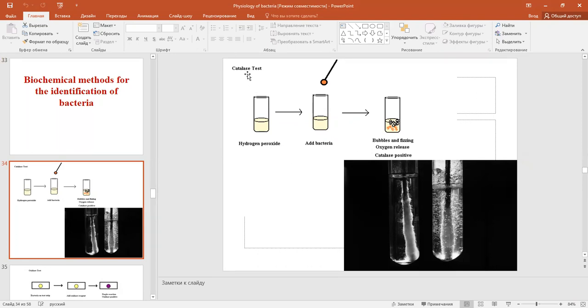For detection of catalase, hydrogen peroxide is used, and we have to add bacteria by inoculating loop, and then we will see bubbles and feeding through oxygen release, which means catalase positive. So catalase is detected by using hydrogen peroxide.